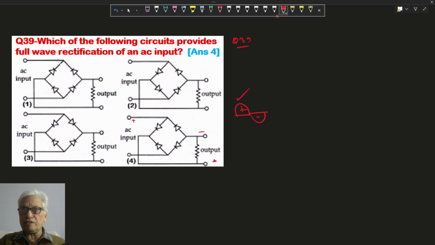For the negative half cycle, negative with respect to positive, so negative comes here and the positive half cycle comes here. So this is input AC and output DC. Across the resistance, the direction of current is always like this. So we are getting the output for both positive and negative half cycles. This way we are getting output DC. So option 4 is correct.